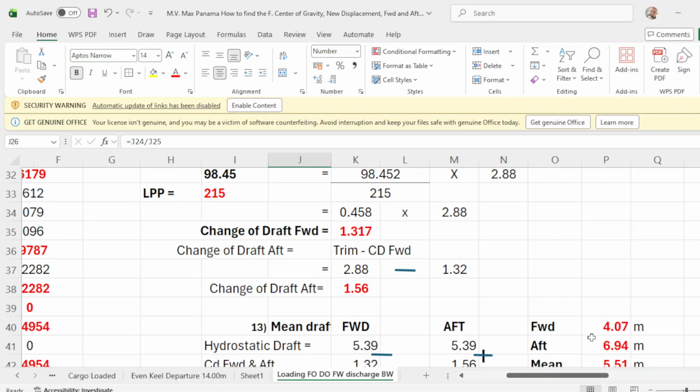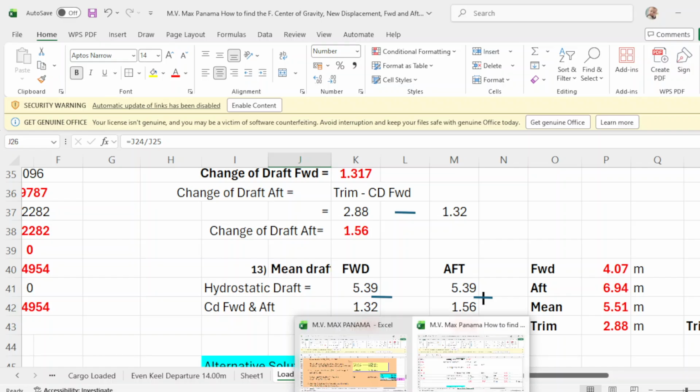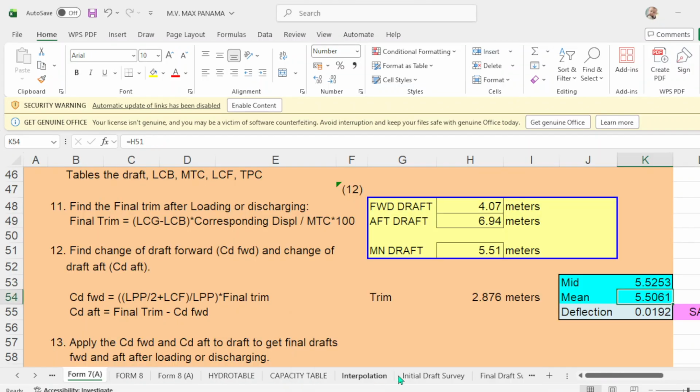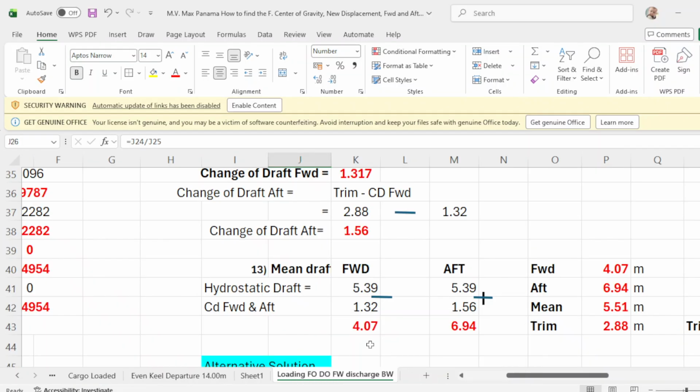If you apply, okay, put your main drop, hydrostatic drop of 5 point, what is the forward here? Forward is 4.07694. Okay, so this 5.39, this is your main drop.